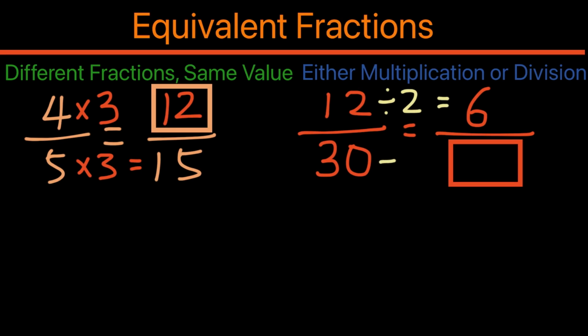So we need to do the same in the denominator. 30 divided by 2, and the answer is 15. So these four are examples of how you will find equivalent fractions, either by unlimited combinations of values or a predetermined value asking you to find either the numerator or the denominator of that fraction.